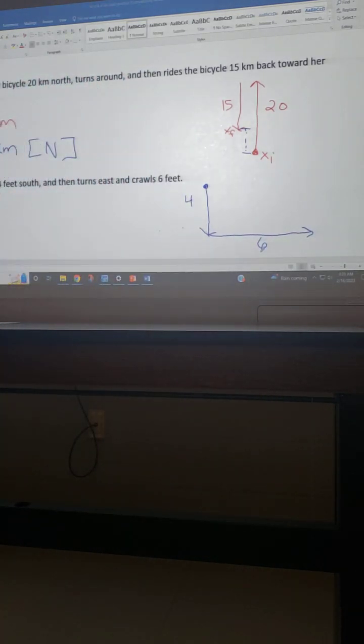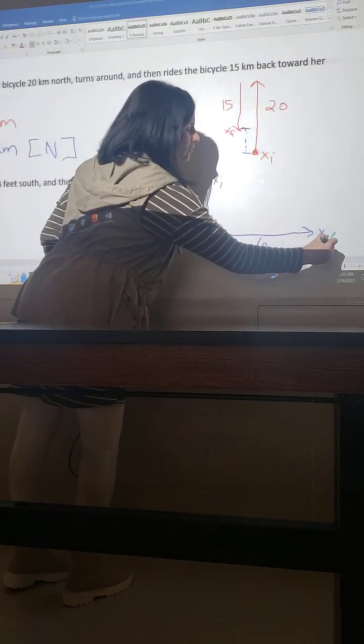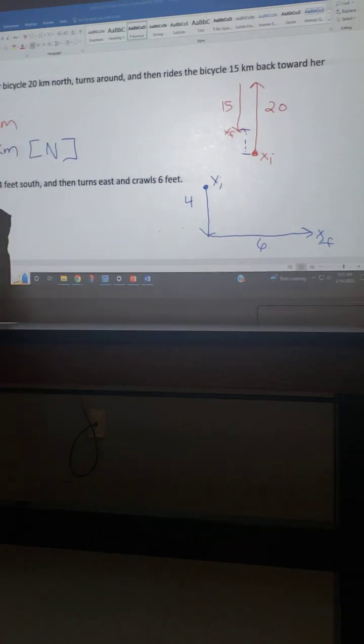Okay? What is Derek's distance going to be? Brooklyn, what do you think? But for distance, we want just the pathway, right? Yeah, 10 feet. Good. 10 feet.